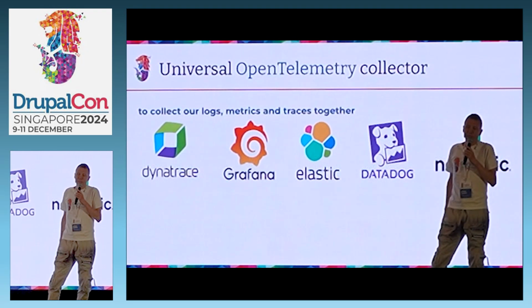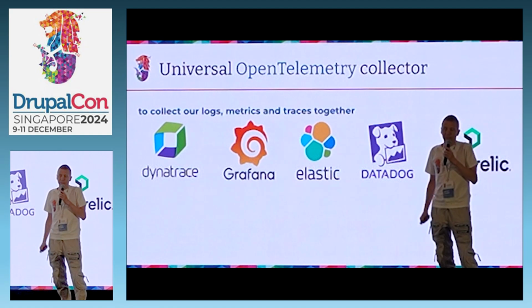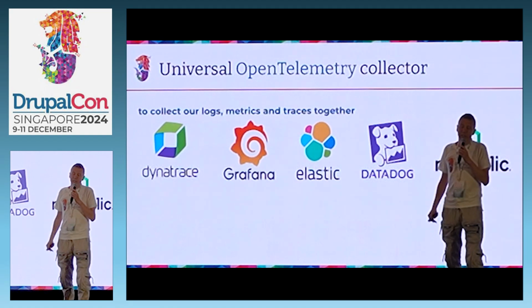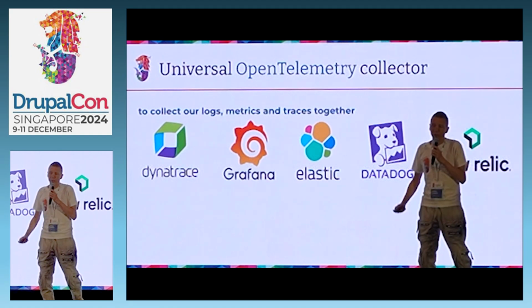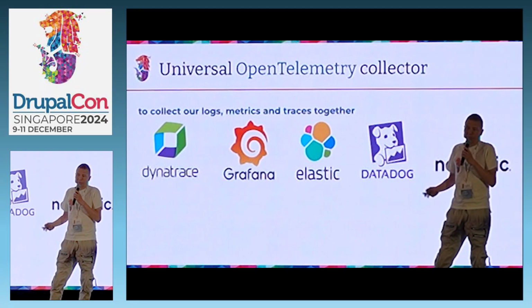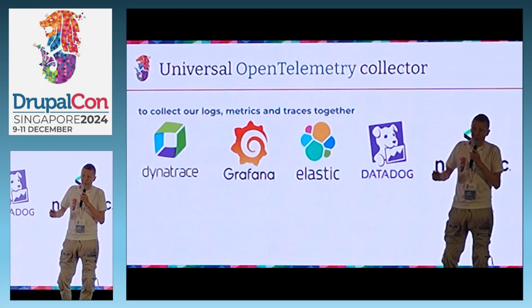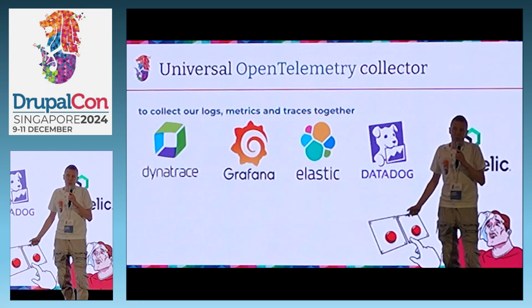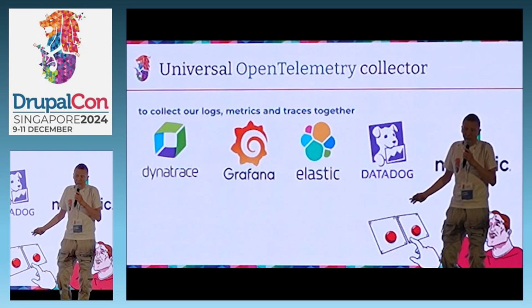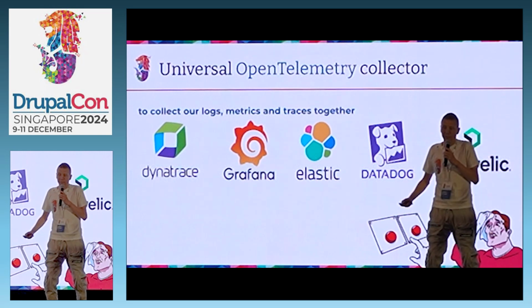And from that list of brands, we can see some solutions that can accept logs, metrics, and traces together. So it's Dynatrace, Grafana, Elastic, Datadog, New Relic, and some others. And again, we have to choose one of the vendors which is better or which is less expensive.